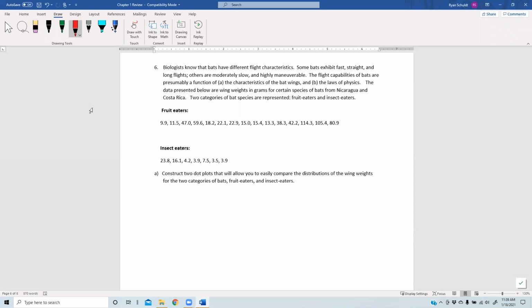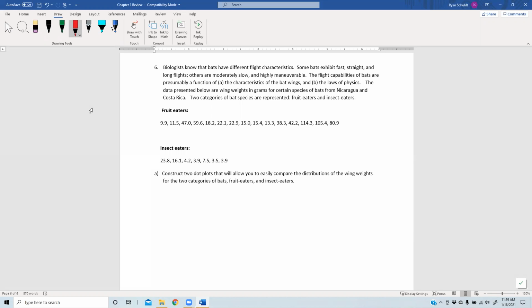The flight capabilities of bats are presumably a function of A, the characteristics of their wings, and B, the laws of physics. The data presented below are wing weights in grams for certain species of bats from Nicaragua and Costa Rica. Two categories of bat species are represented: fruit eaters and insect eaters.